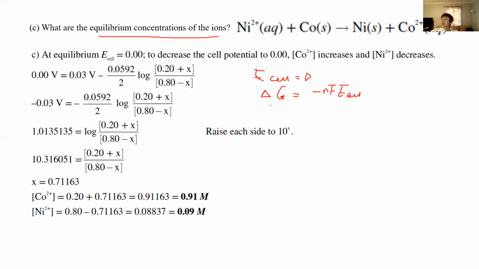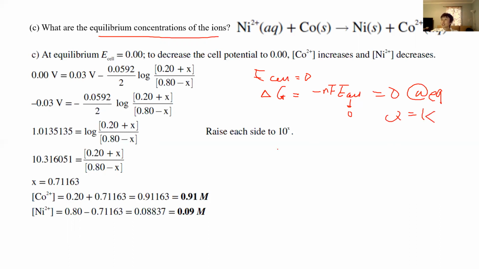Delta G equal to 0 means it's at equilibrium. So when this E cell is equal to 0, the delta G is also going to be equal to 0, so it's at equilibrium condition. At equilibrium condition, Q is going to be equal to K.